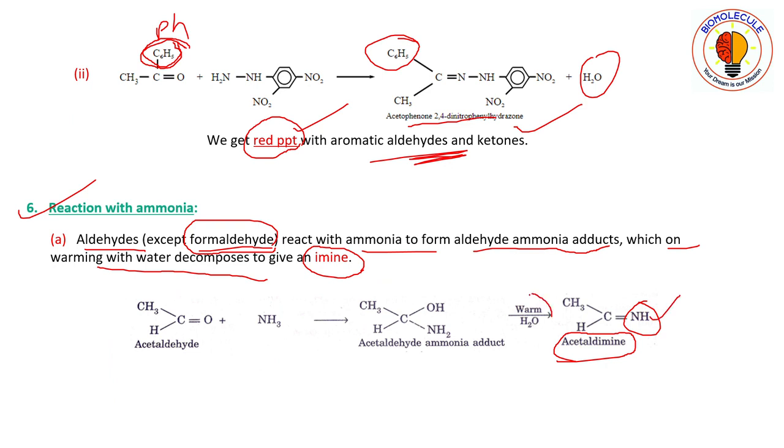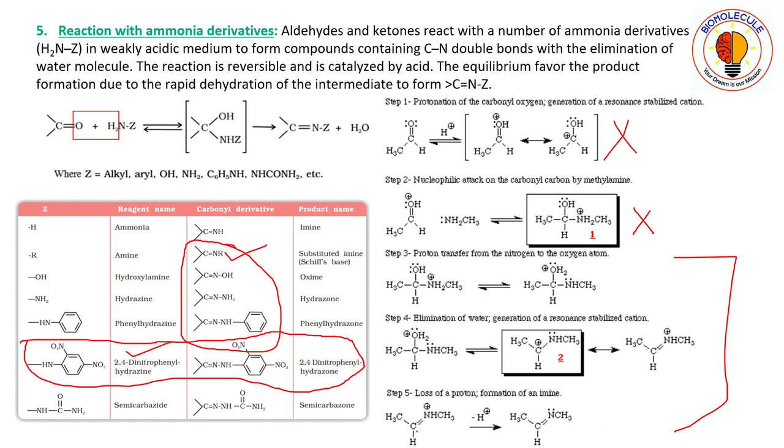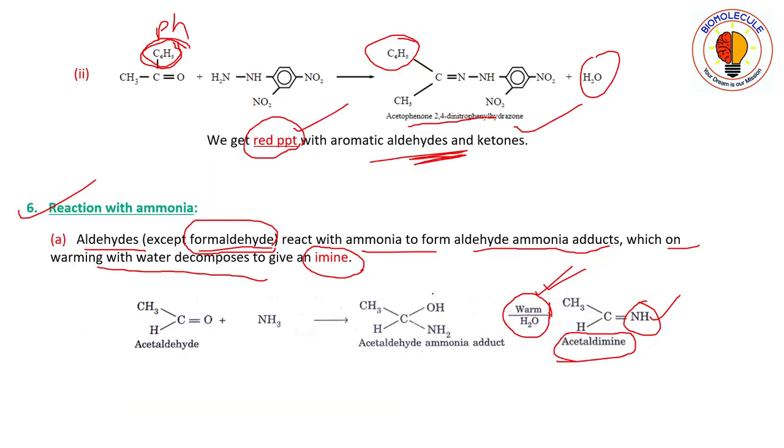But here an extra step is that you have to warm this with water, whereas in the previous one you do not have to do anything, it will just simply give you the final product. Here you are getting the acetaldehyde ammonia adduct, and on further warming with water you are getting acetaldehyde. So ammonia will just go over here and this will open up.